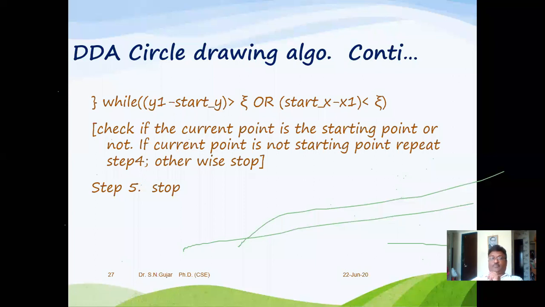R. So y1 minus r greater than epsilon, or start x is 0. 0 minus x1 less than epsilon. This is the or condition. Less than epsilon, that you have to put in the bracket and complete this loop. So I have to put one bracket over here again.